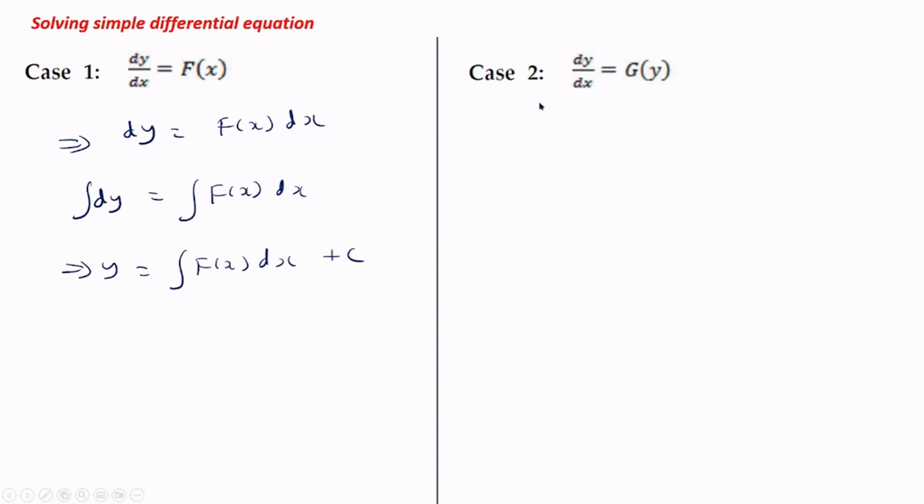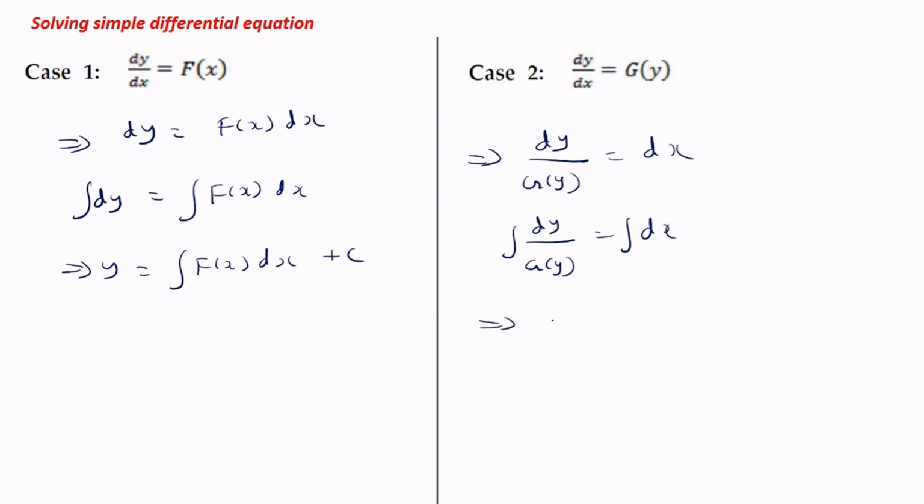And next we have the case where dy by dx equal to some function of y. In this case we can write this differential equation as dy by g of y equal to dx. Then we can integrate this on both sides so that we get x is equal to integral dy by g of y plus c.